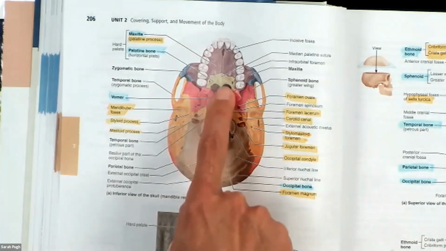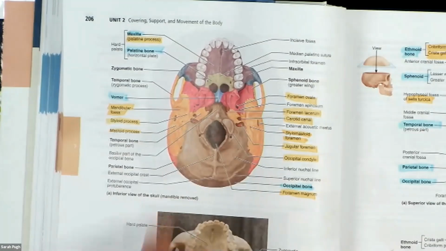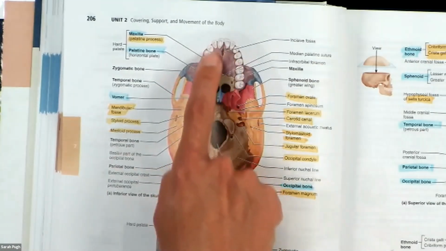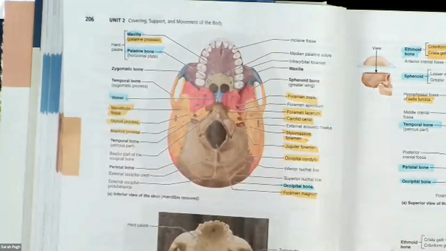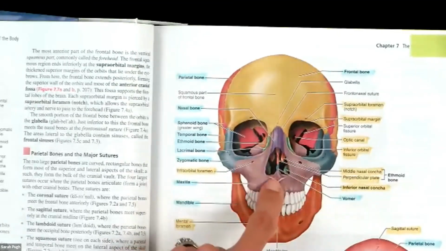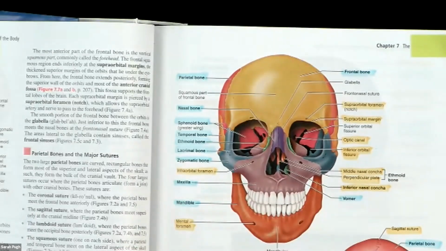If we go through these little holes, we're out into the nasal cavity. The other bones here, this is the maxilla bone. This is that pretty light purple color that we also find right here. So the maxilla bone dips under those top teeth and forms the first part of your hard palate.